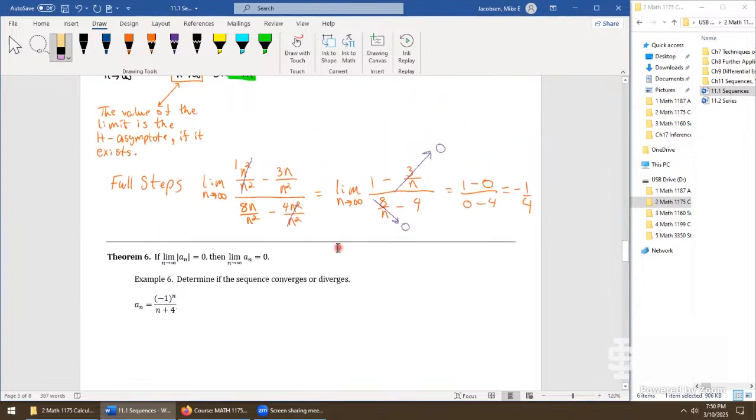Really though, it's no different than the concept we were saying right here. If n gets really, really large, and you have something that is constant in the numerator divided by something that's growing large, you should get a zero. Why doesn't that concept work here? It's because the numerator isn't constant.